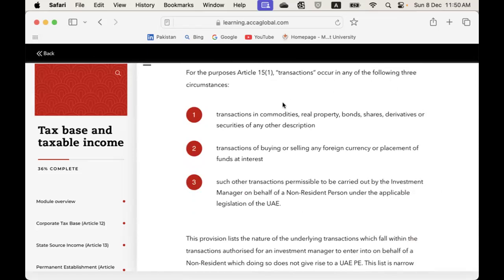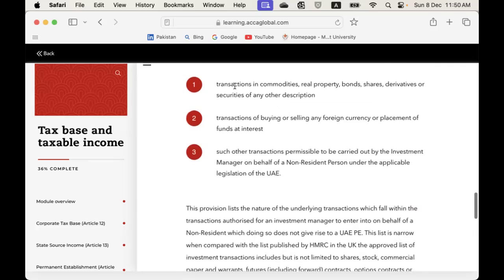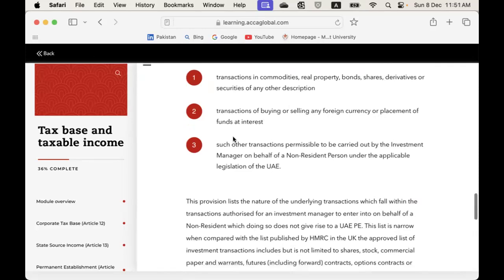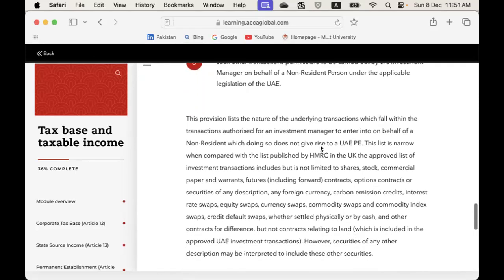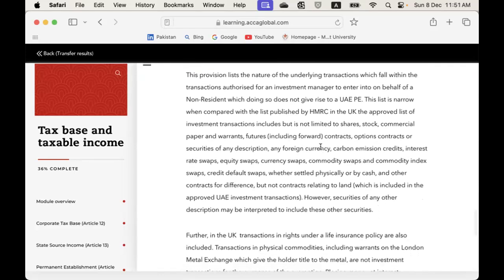Transactions occur in any of the following three circumstances: transactions in commodity, real property, bonds, shares, derivatives, etc. Transactions of buying or selling any foreign currency or placement of funds. And the third category is such other transactions permissible to be carried out by the investment manager on behalf of the non-resident person under the legislation. So three categories, okay.